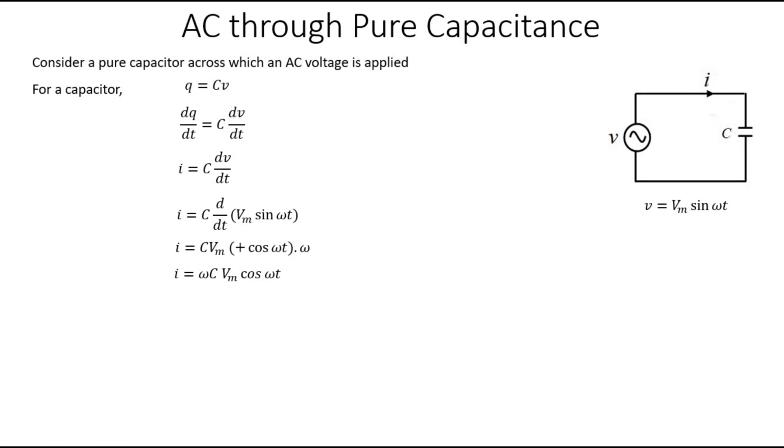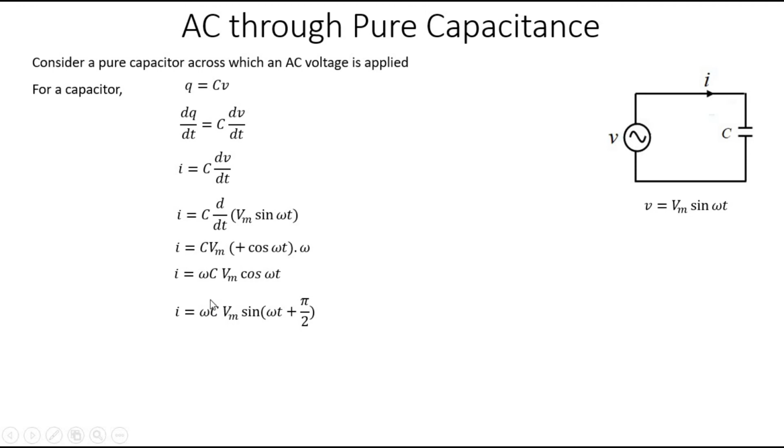Again we can write cos omega t as sin omega t plus pi by 2, that is, sin omega t plus 90 degrees. So this term is omega C Vm.